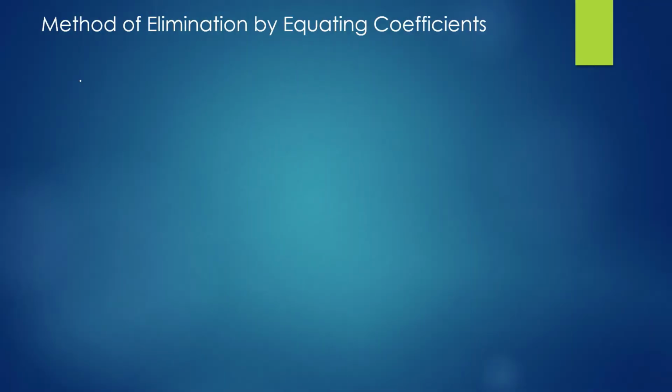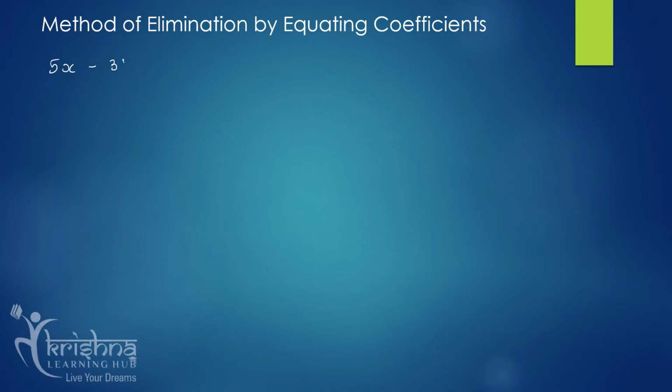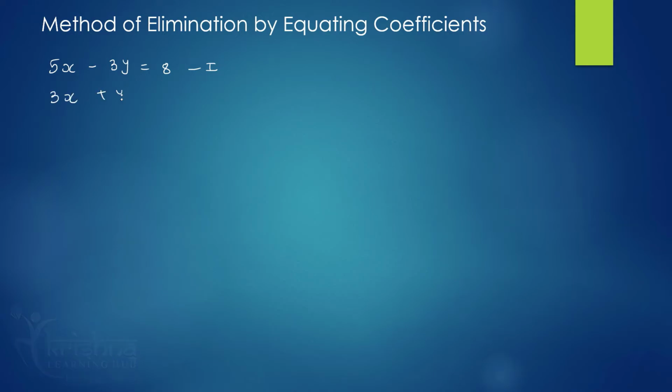Now we will see one more type of sum: 5x minus 3y is equal to 8, equation number 1, and 3x plus y is equal to 2, equation number 2. Now in this type, if you see, the variables are different.